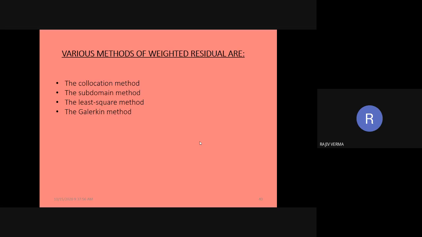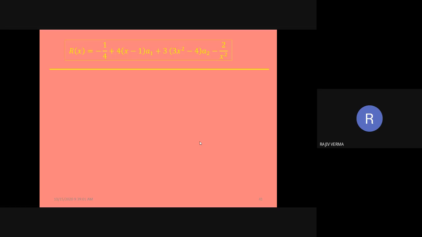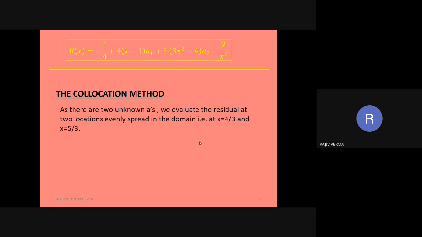So coming to the first method, that is the collocation method. Among the 4 methods, the collocation method happens to be the easiest one. The statement of this method is on display.